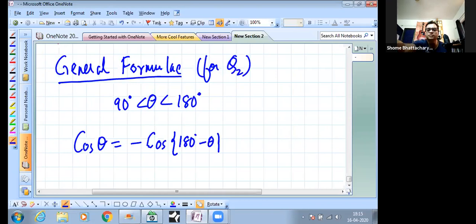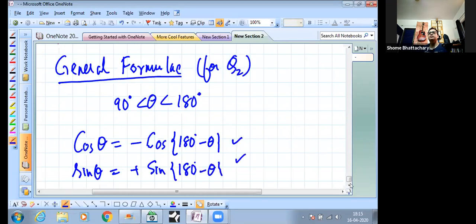All right. So this becomes our general formula of calculating cos theta. Similarly, a general formula of calculating sin theta becomes positive of sin alpha, and alpha was, remember how much it was, 180 minus theta. So these are the two formulae we'll always use for calculating sin and cos.